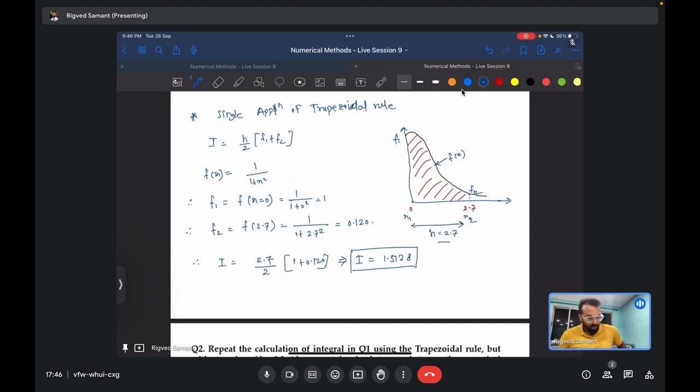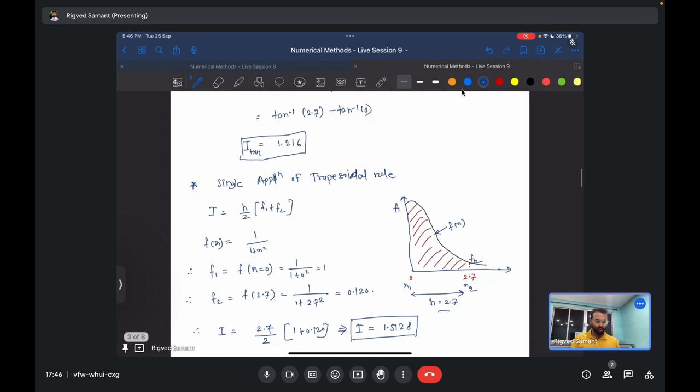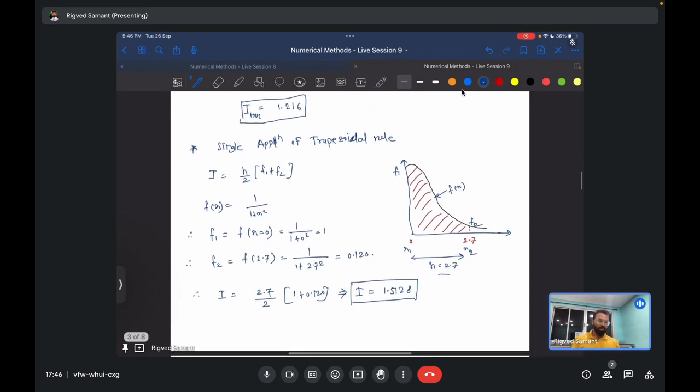Okay, if you see, the I you have got from this method is far off from I true, right? So what is happening is it is considering this shape as a trapezoid and finding its area using this formula. So the trapezoidal rule does that. But if you see, the actual area might be different from the trapezoid. So that is the reason for the discrepancy.